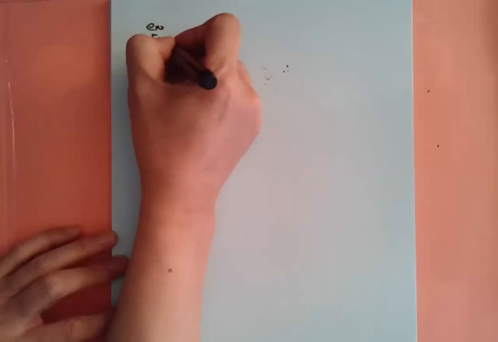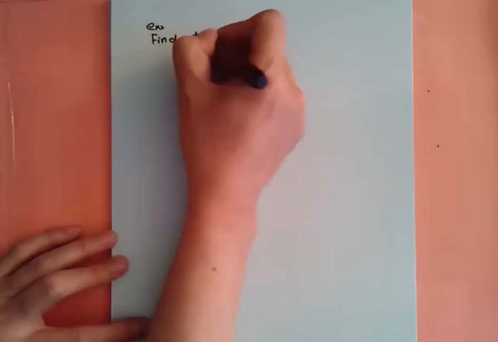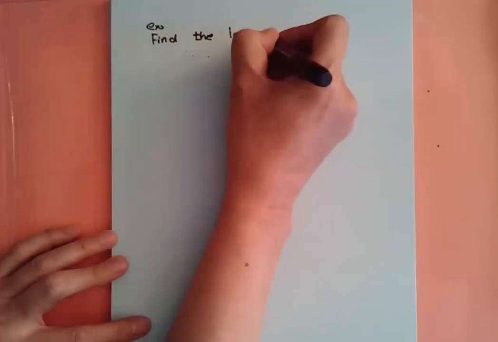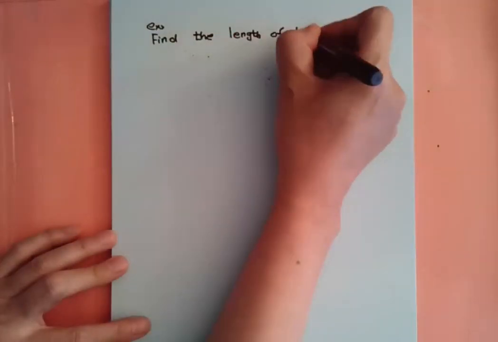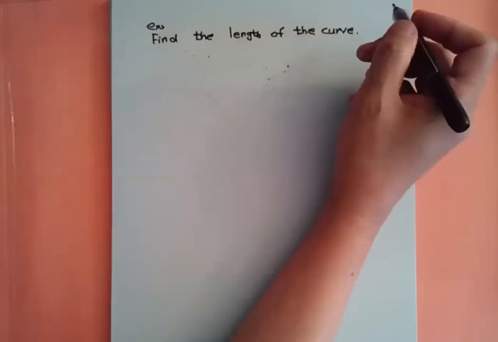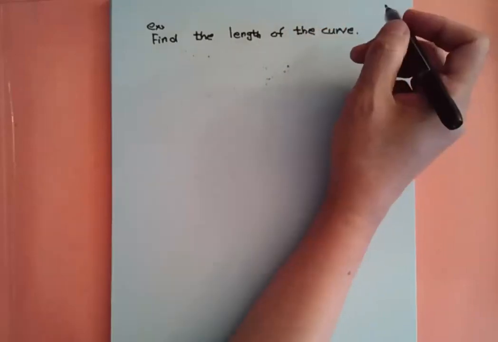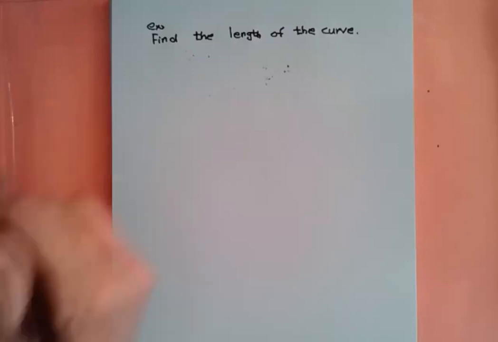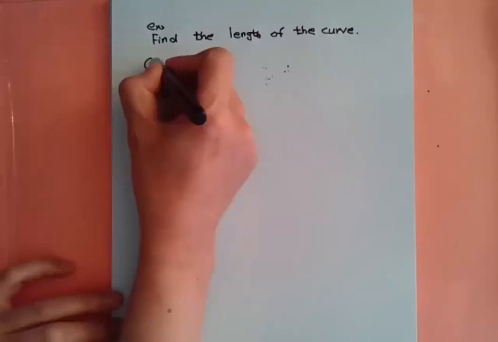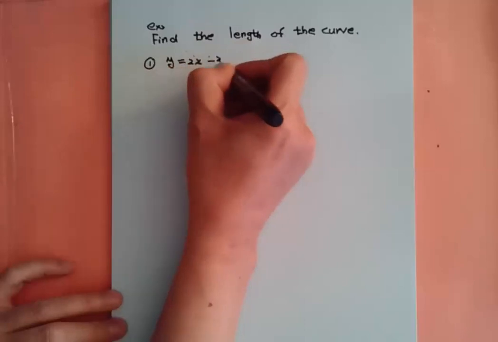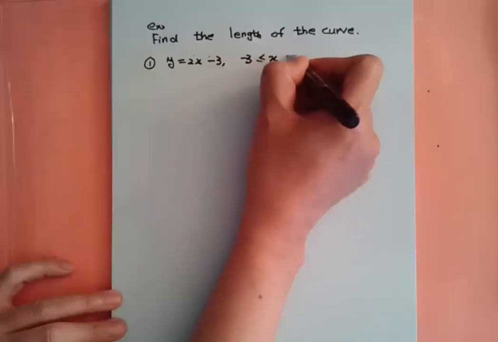The problem is: find the length of the curve y equals 2x minus 3, where x is from minus 3 to 2.